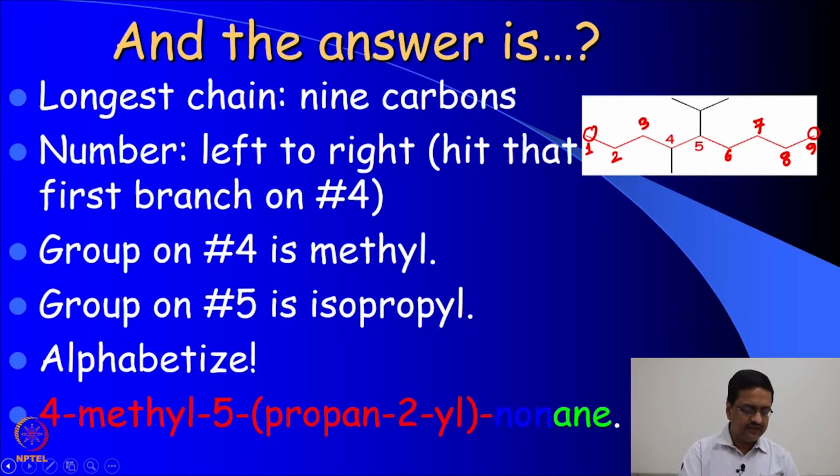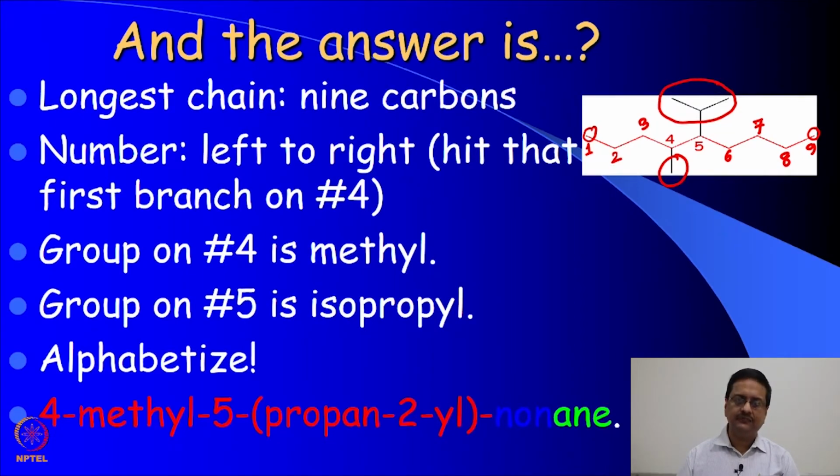What we see very easily is that there are two groups that are attached. One is at number 4, a methyl group, and the other group at number 5, which is a slightly larger group, which is a propan-2-yl or isopropyl group.